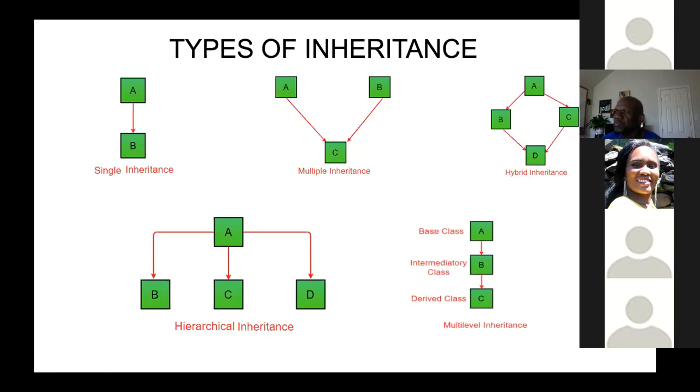And then in the third case, we have the hybrid inheritance. This is where the concept of any class being able to be a parent class comes into play as well.